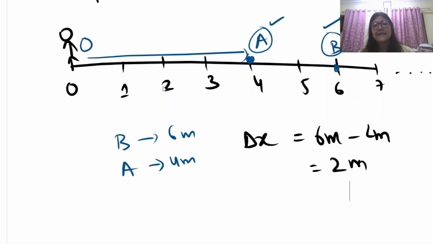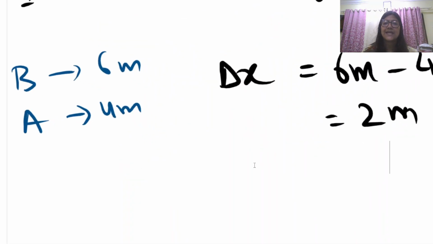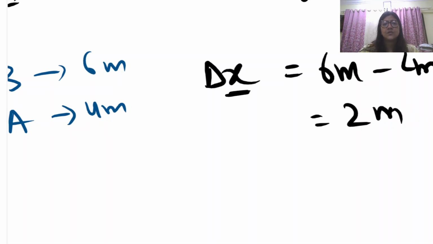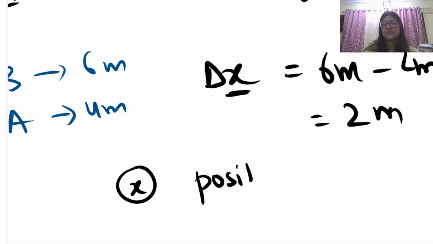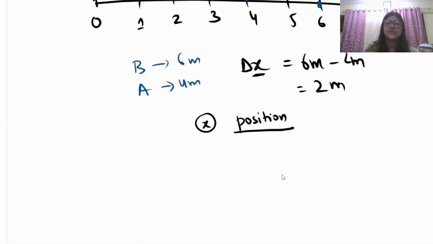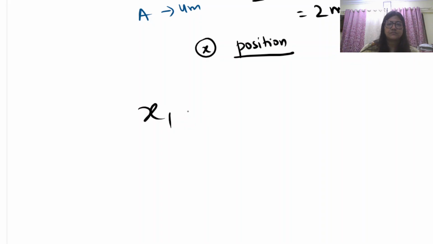So what we're trying to say is we're assigning a position to every point, like the movement. At point A we have 4 meters, and at point B the position is 6 meters. And when we talk about X, what does X denote? X is a variable, we all know that. Usually when we talk about X, we talk about the position of an object. So for the first position, let's call it X1.